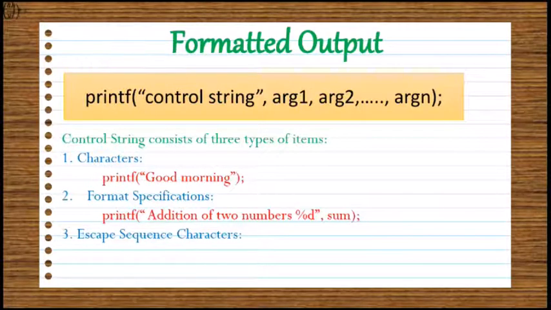Third one, escape sequence characters. Escape sequence characters such as \n, \t, \v are the escape sequences used in the control string. If you use an escape sequence in the control string, then depending on which escape sequence character is used, it will make alignment and spacing in printing the result.